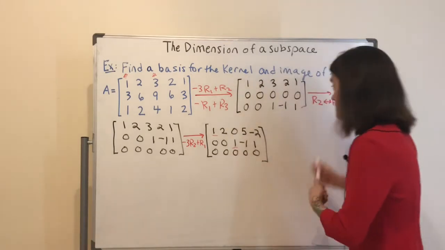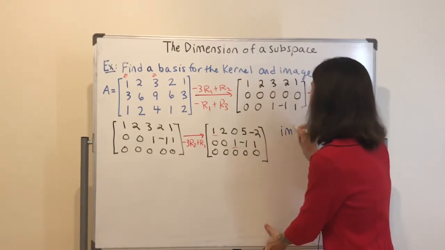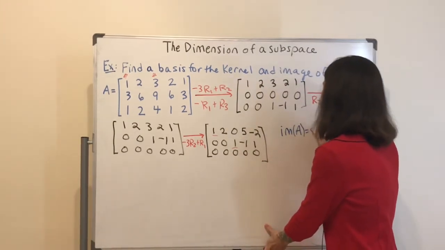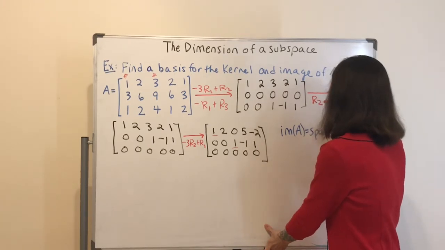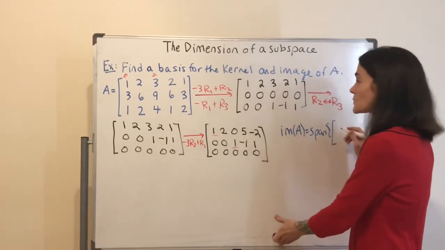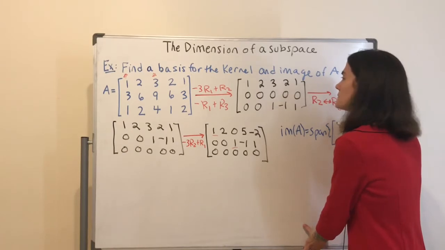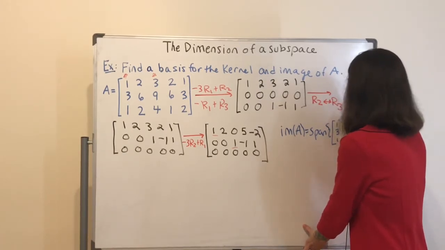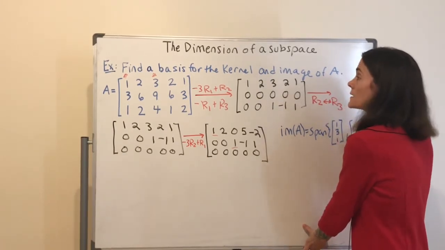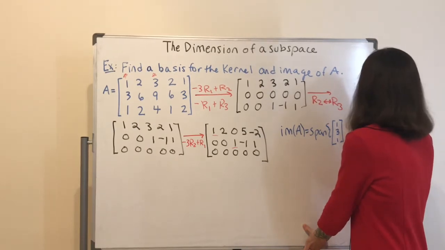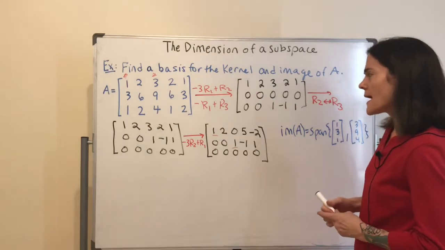So the image of A is the span. Well, in fact, what I'm writing is a basis, but I will write it this way. We have the first column and the third column. This is the basis.